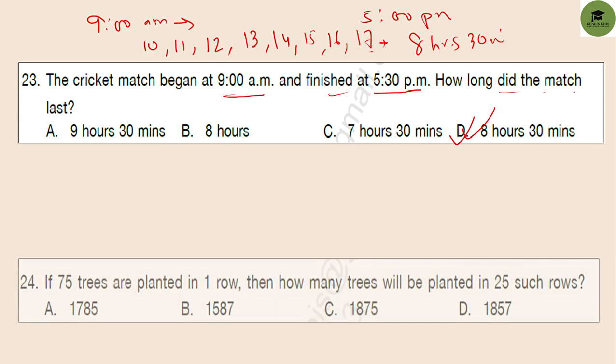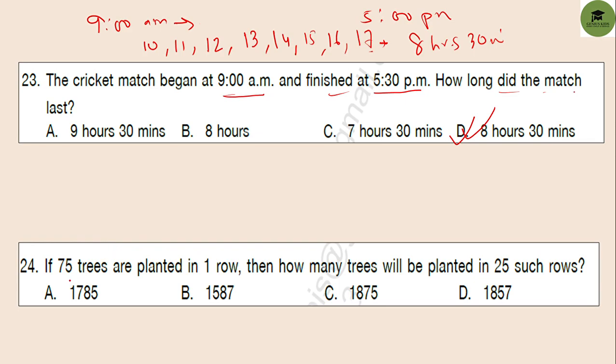Okay. If 75 trees are planted in one row, then how many trees will be planted in 25 such rows? So what do we do? We simply multiply 75 into 25. Okay.